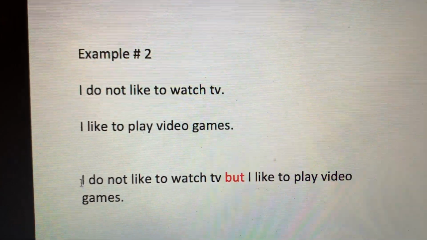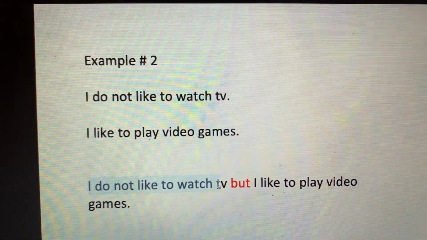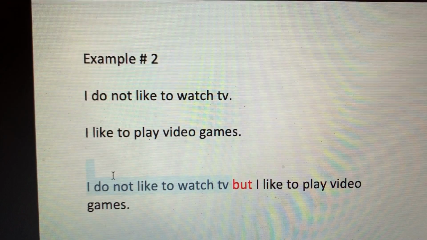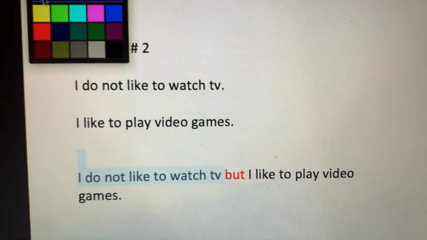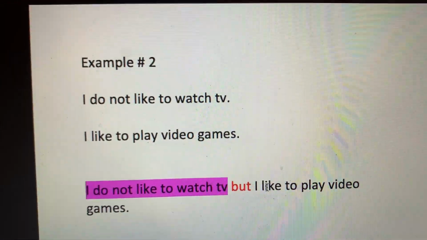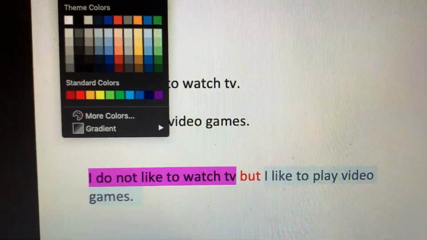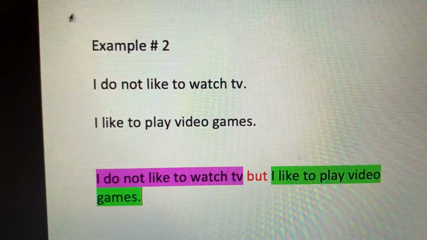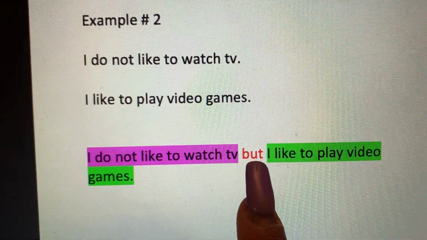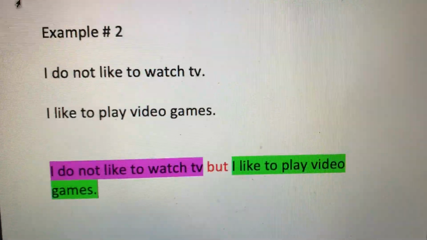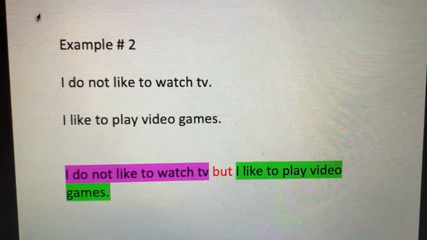So again, I'm going to highlight the two separate sentences so you can see what I mean by the independent clauses. So I'm going to do my first one in pink and my second one in green. And as you can see, we have our joining word right here in red. Our joining word is but. So those are the two examples I wanted to show you guys today.